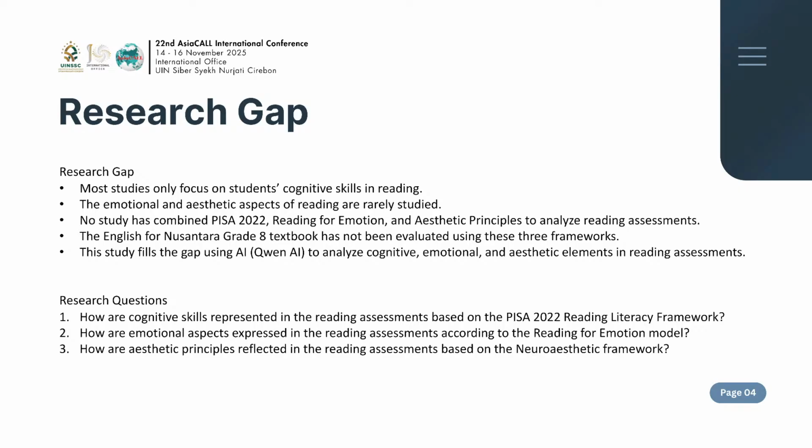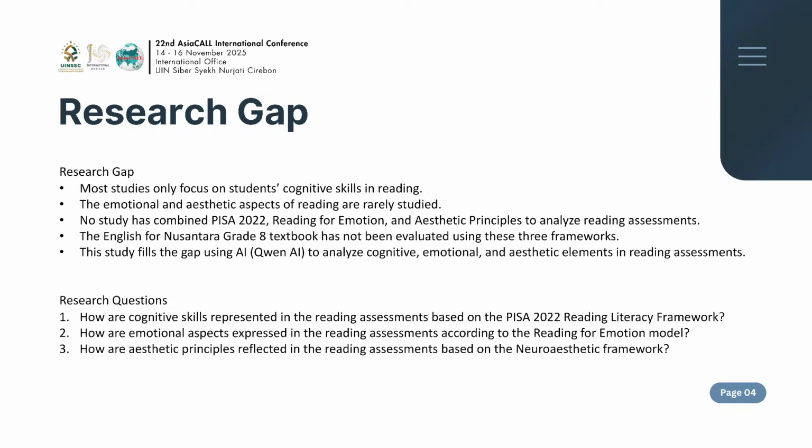Next, in this study, we focus on three main questions. First, how are cognitive skills represented in the reading assessment based on the PISA 2022 reading literacy framework? Second, how are emotional aspects expressed in the reading for emotion assessment according to the reading for emotion model?